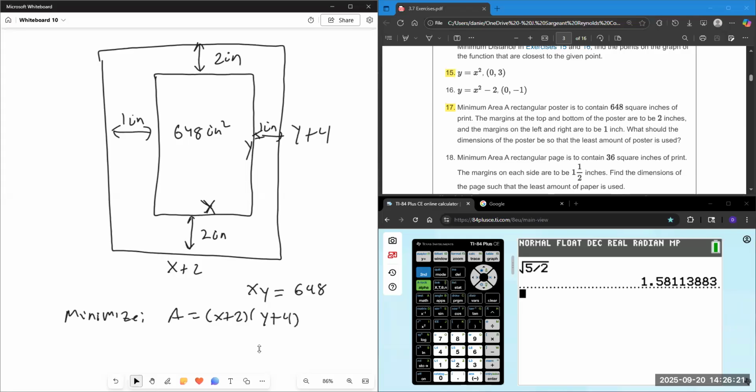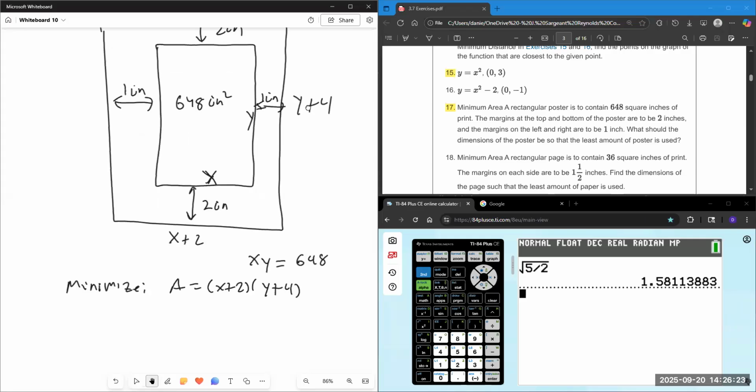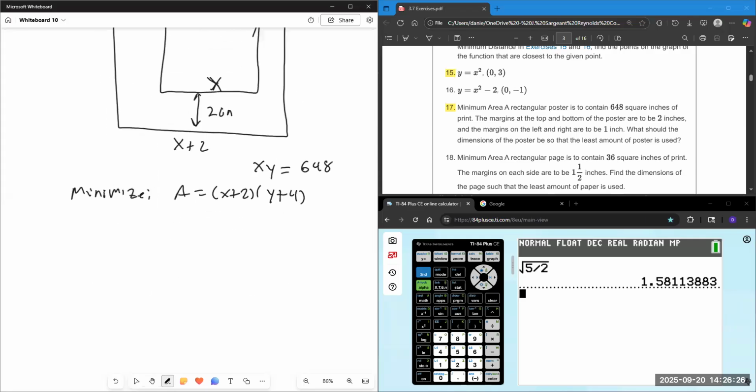So to do that, I'm going to make a substitution for Y. Y equals 648 over X. A of X is X plus 2 times 648 over X plus 4.